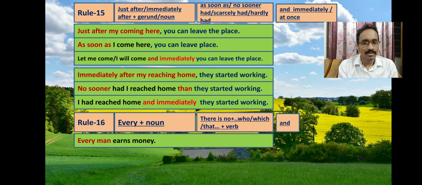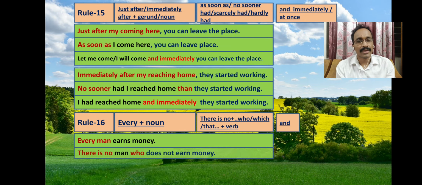See the example, every man earns money. So how to make it a complex sentence? In the place of every we will use there is no. So there is no man, then who, because here the antecedent is man, so there is no man who doesn't earn money.